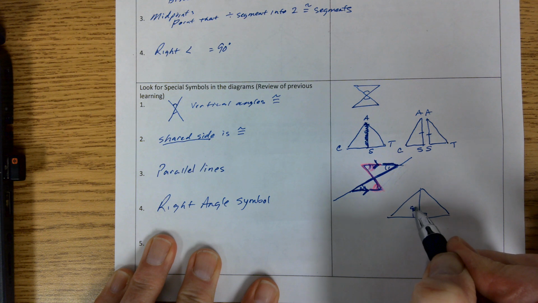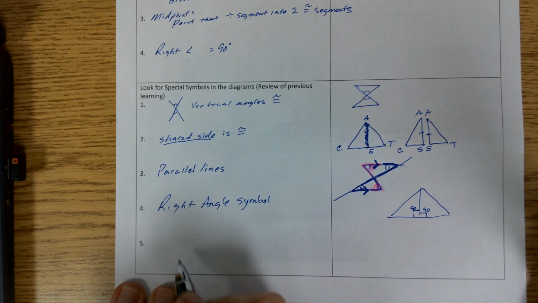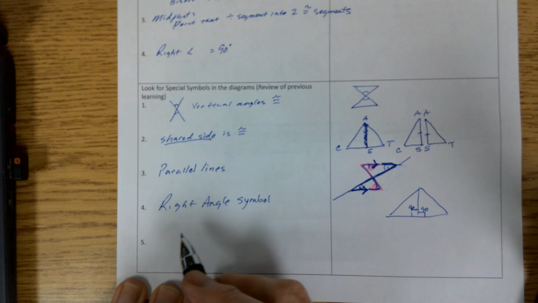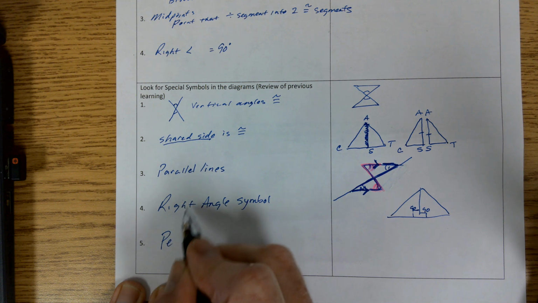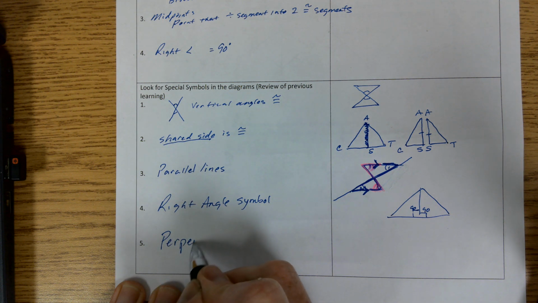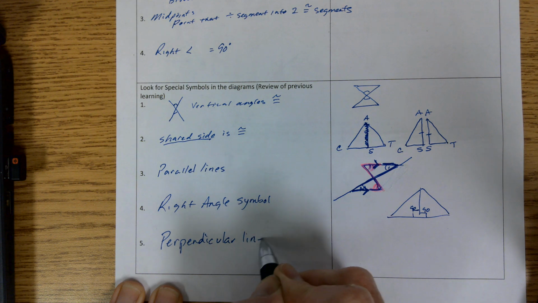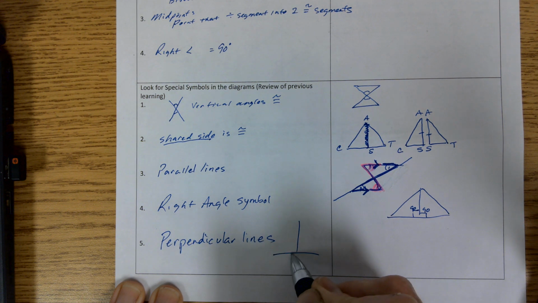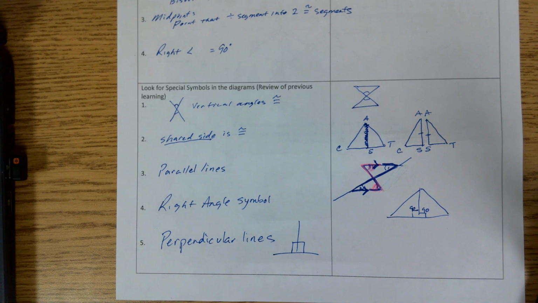That means they're both 90, so they're equal to each other. You might also just be told perpendicular. These are the same, but watch for them. You guys good?